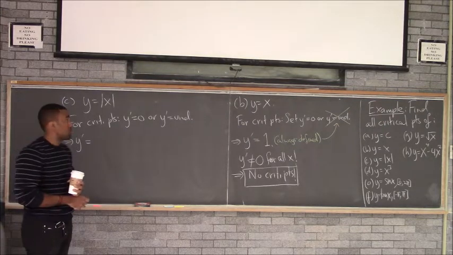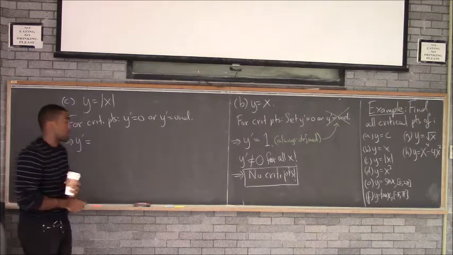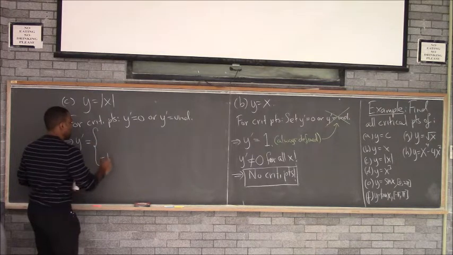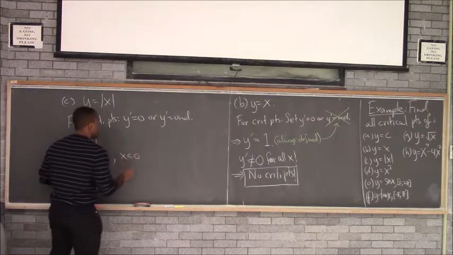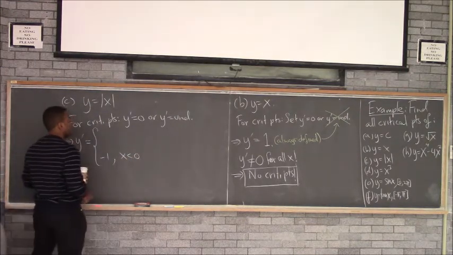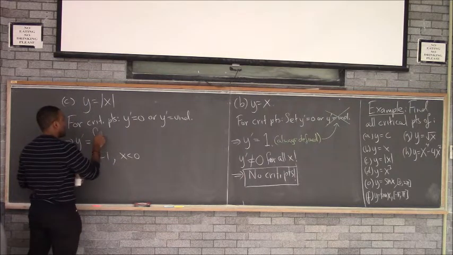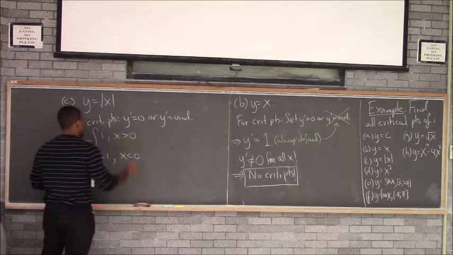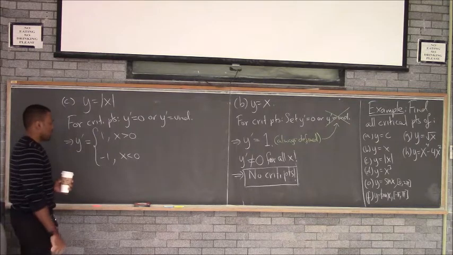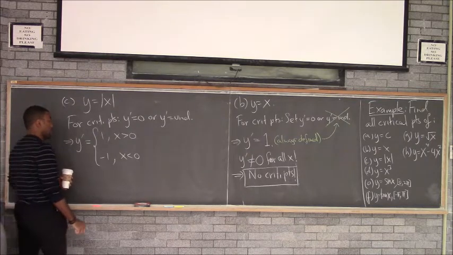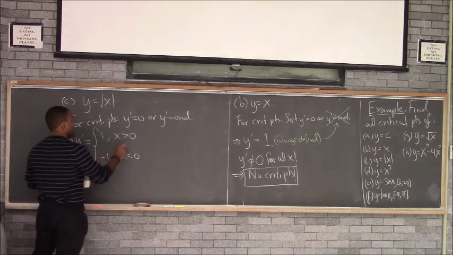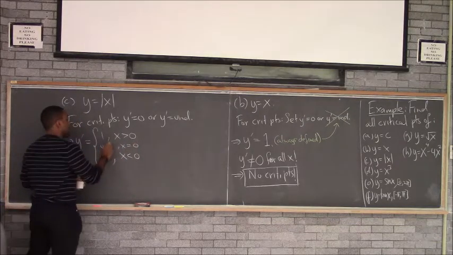It's negative 1, positive 1, right, so piecewise. If your x is less than 0, it is going to be negative 1. If your x is greater than 0, it's going to be 1. And you'll notice that at x equals 0, it's undefined.